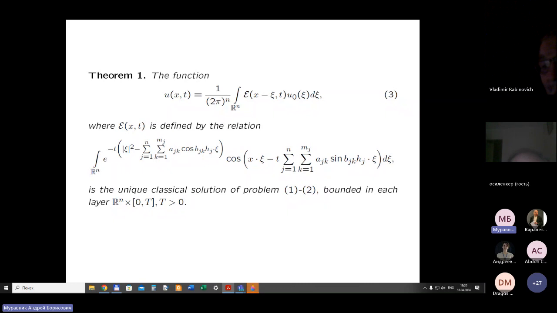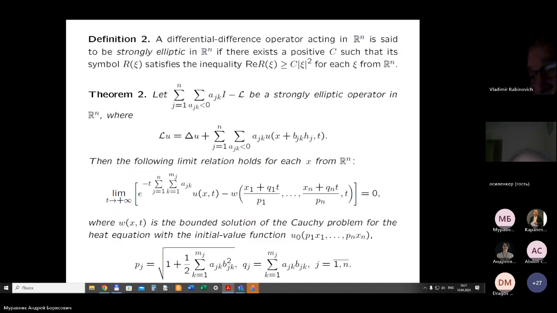I prefer to provide the list of presented results first, and then to say a few words about ways to prove them, if the time will permit it. So the next result about problem 1, 2 needs a new definition.